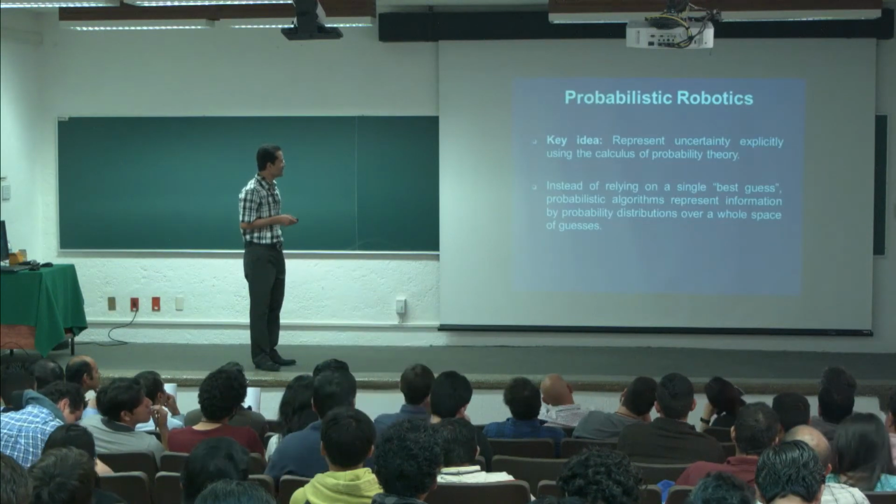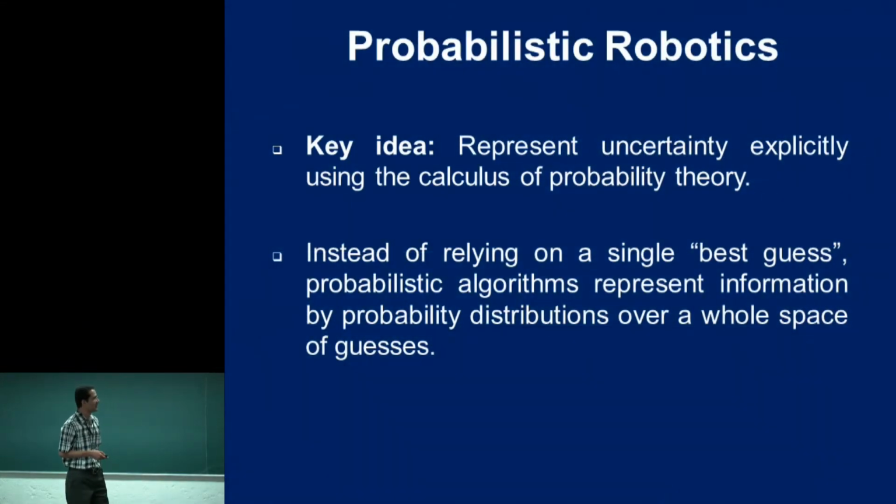So that's the key idea of probabilistic robotics. I think many of you know about this: to represent uncertainty explicitly using probability theory, right? Here the idea is that instead of relying on a single best guess, for example, I want to know the location of some object, and I have a not so good image processing algorithm using vision.